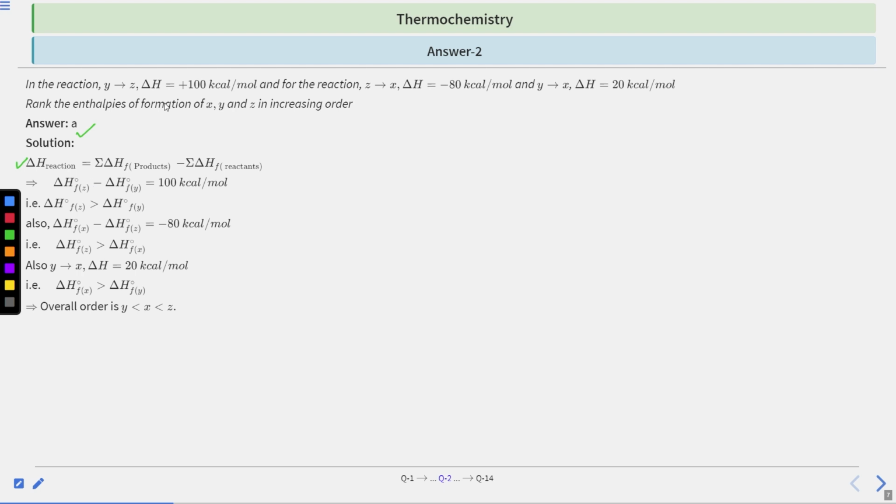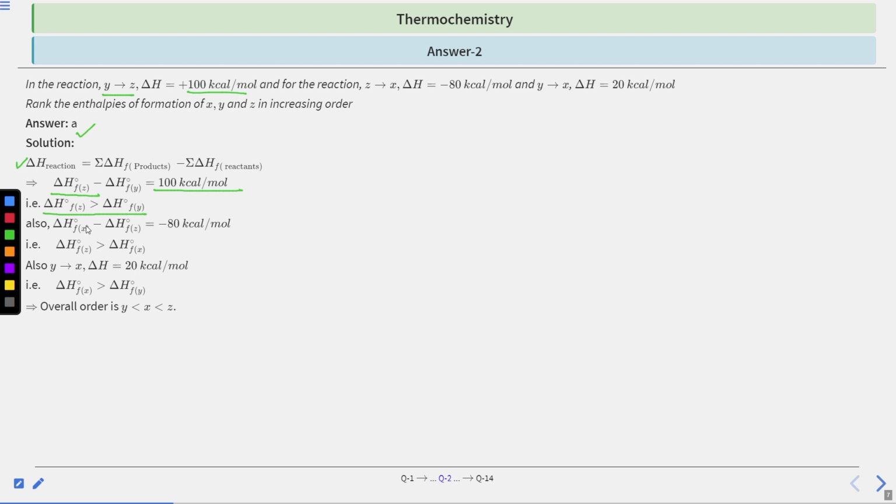So in the equation Y to Z, we can write that the standard enthalpy of formation of Z, that is the product, minus the standard enthalpy of formation of Y equals 100 kilocalorie per mole, which is given. We can see that the total enthalpy of reaction is coming out as positive. That means in this equation, delta H naught formation for Z is greater than delta H naught formation for Y, right?